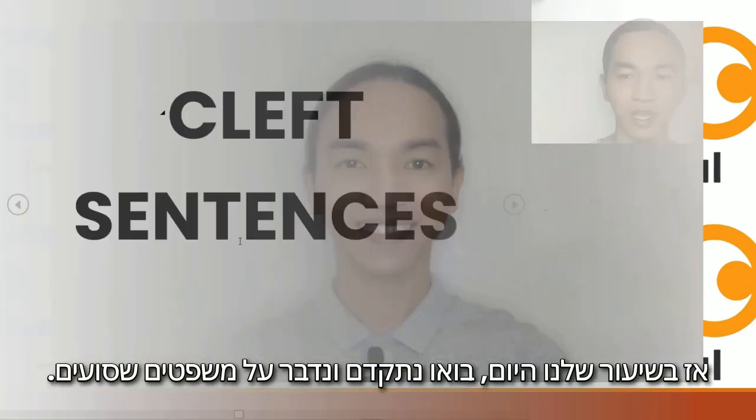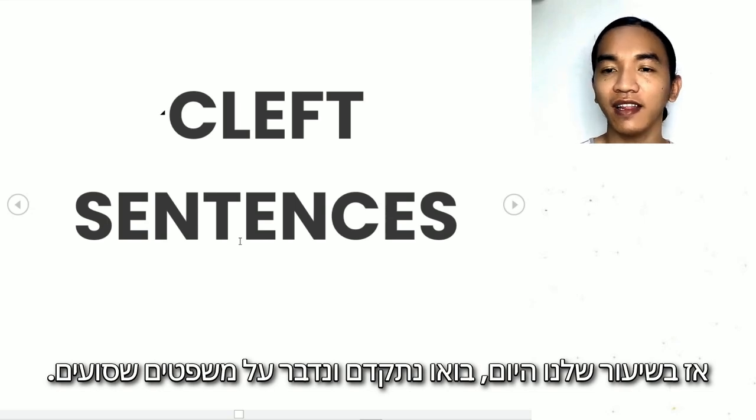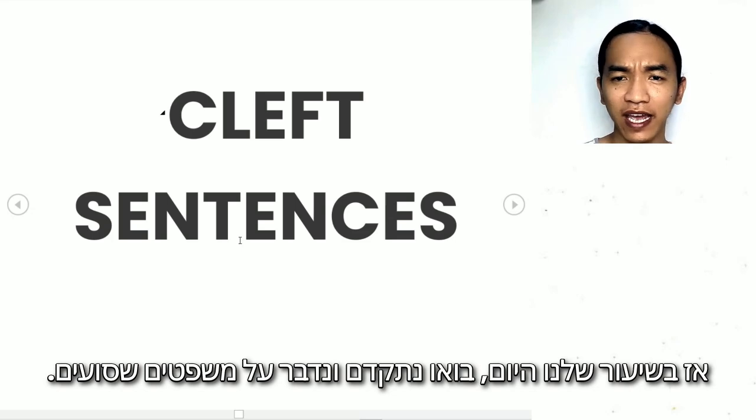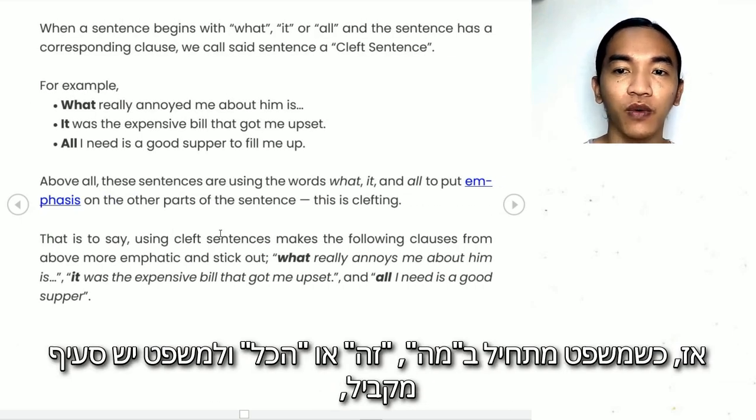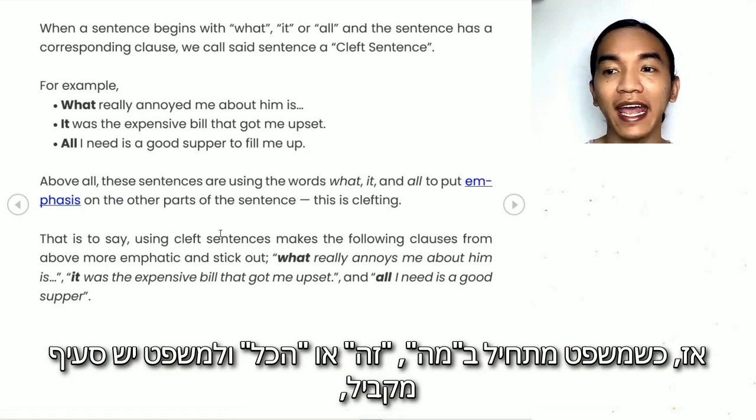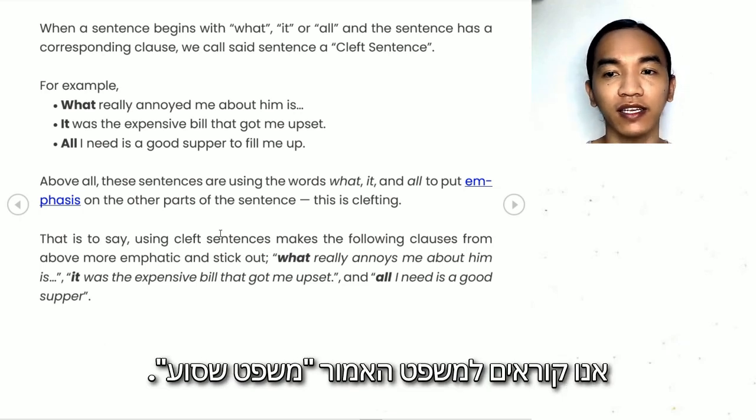Let's go. So for our lesson today, let's go ahead and talk about cleft sentences. Okay? For us to understand the meaning of cleft sentences, let's see what we have here. So, when a sentence begins with what, it, or all, and the sentence has a corresponding clause, we call said sentence a cleft sentence.